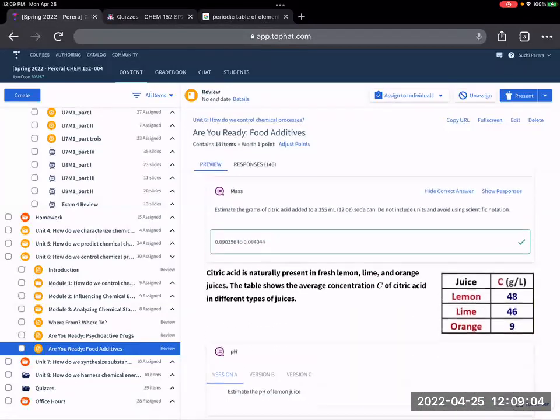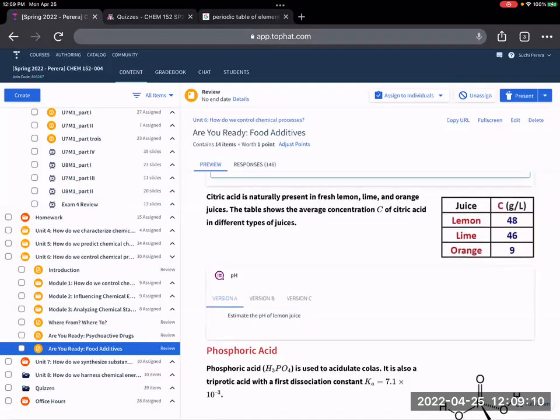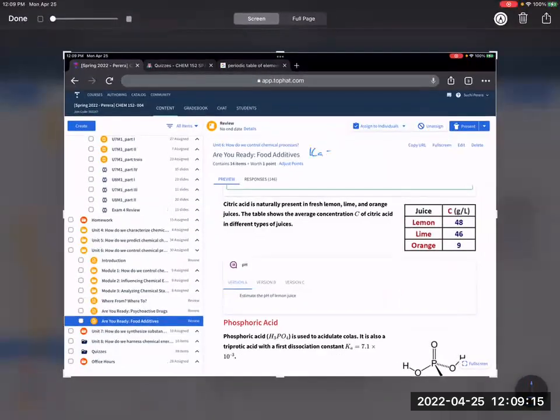Okay, so Ka is 7.4 times 10 to the power of minus 4 for citric acid. For a weak acid, the H3O plus concentration is the square root of the initial concentration times Ka. The C naught is this value over here, but it is in grams per liter, so you need to convert this to moles per liter.